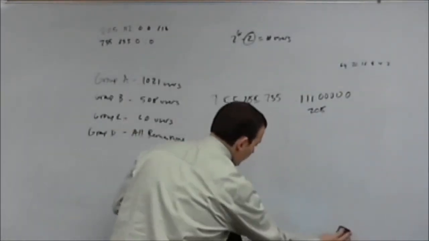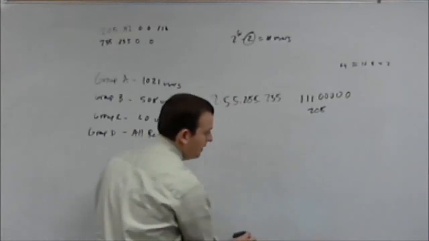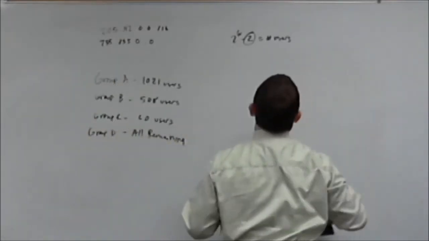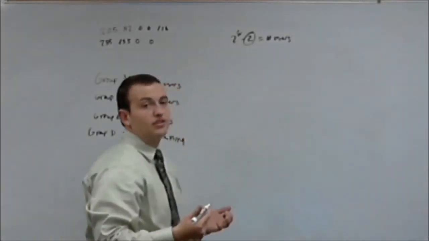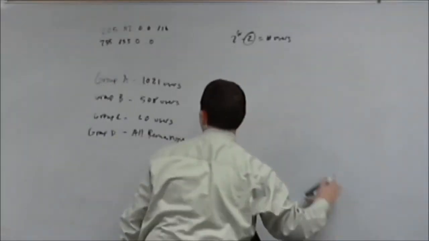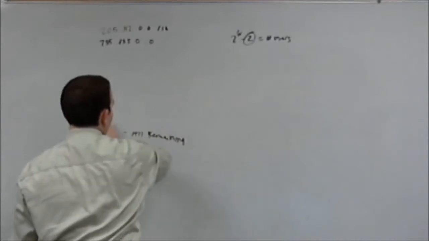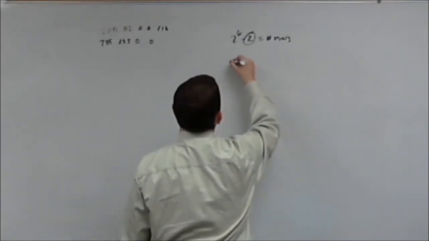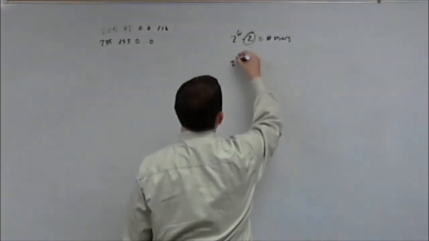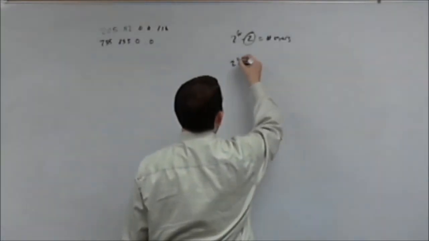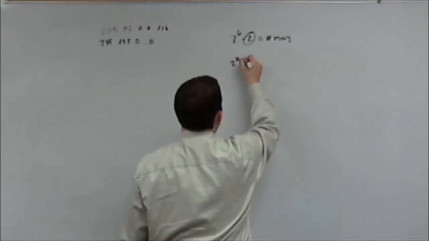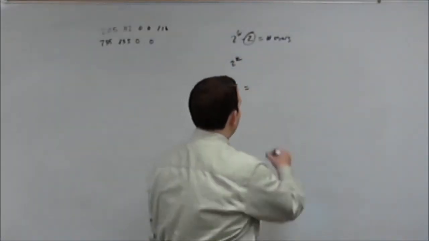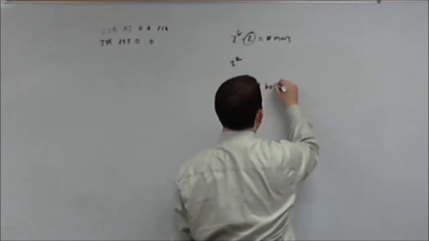Okay, the only other formula you guys need to know when subnetting IPv4 networks is, of course, the one for calculating the number of subnets. So let's take into account we've got 2 to the z power, is what I'm going to call it, where z is equal to the number of borrowed bits.